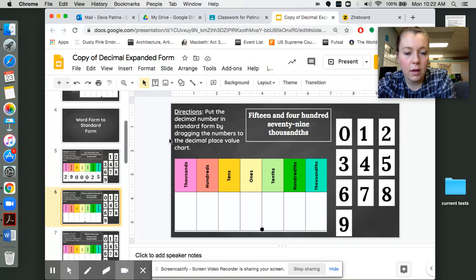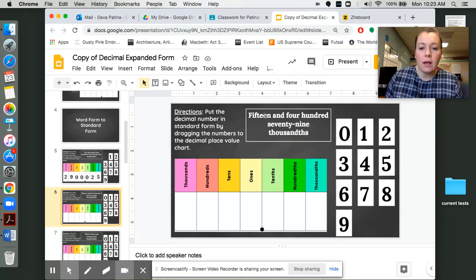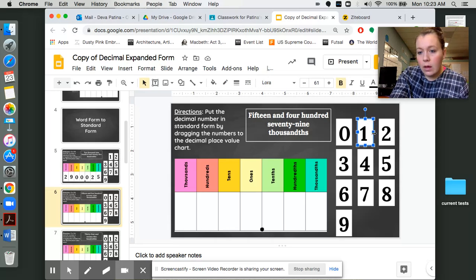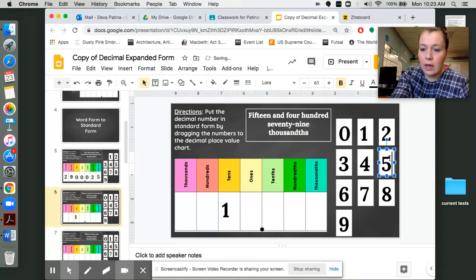I'm going to do another example with you. This one is 15 and 479 thousandths. Whoa! Okay, so 15. Well, I can make the number 15. If I have 15, I have a 1 in the tens place and a 5 in the ones place.